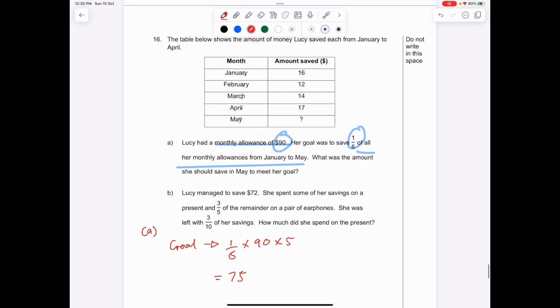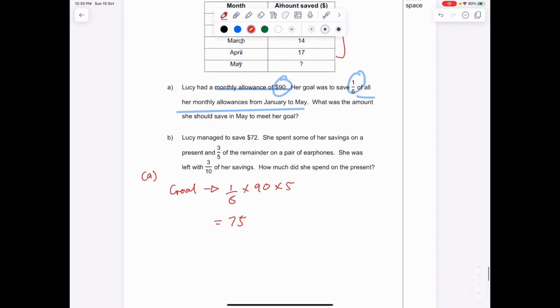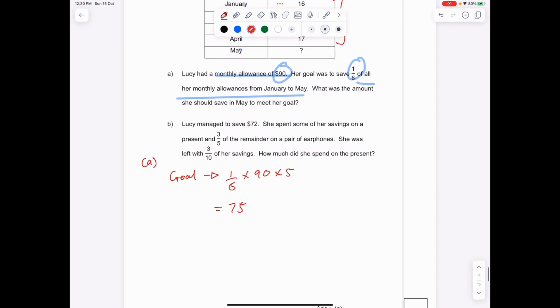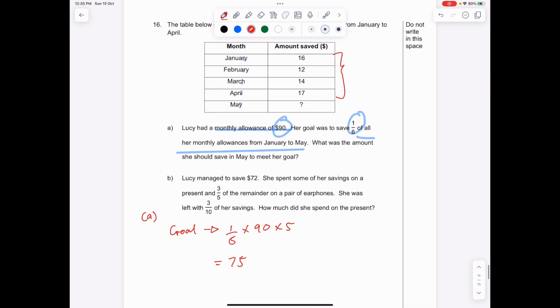Now, we need to find out what is the total of this 4 months that she has saved, in order to find out how much she will need to save in the month of May minimally.